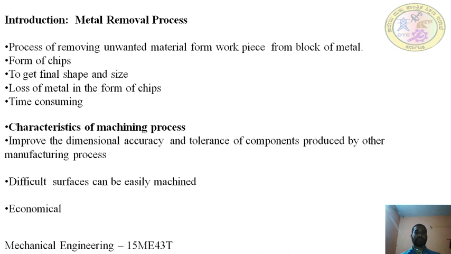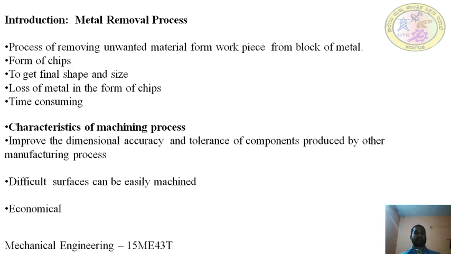So, in order to improve its dimensional accuracy and tolerance, the machining processes are used. So, the main characteristic of machining process is to give the dimensional accuracy and tolerance to the components produced by other manufacturing process, that may be casting or forging or other manufacturing process.